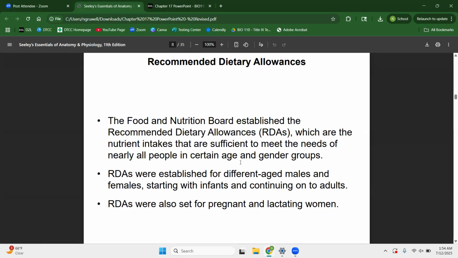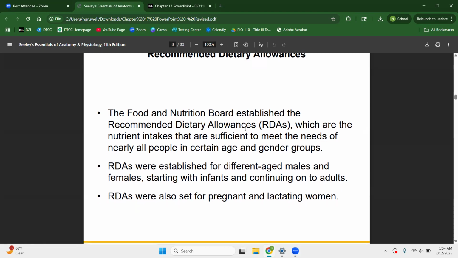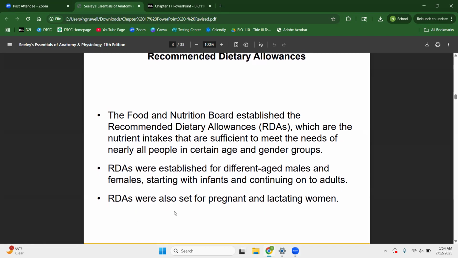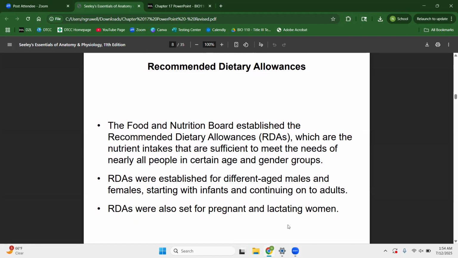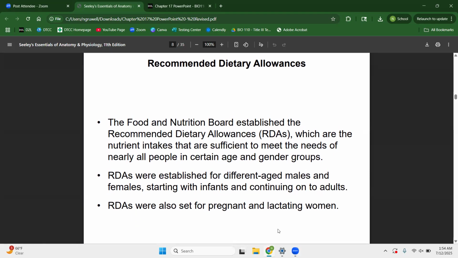We know people are different, so they're going to need different amounts of nutrients, and that's what the RDAs are, a little bit more individualized. We even have RDAs for pregnant and lactating women because obviously the body systems are under a lot higher demand when we are developing the fetus and all the processes our body has to go through for that to happen.